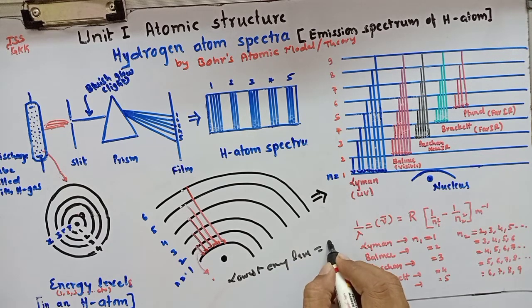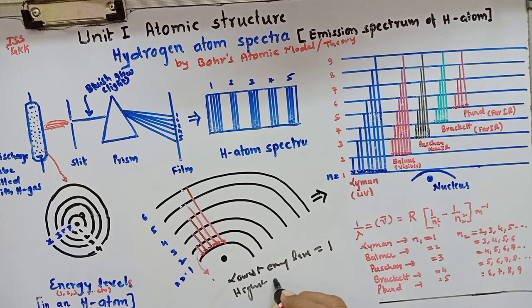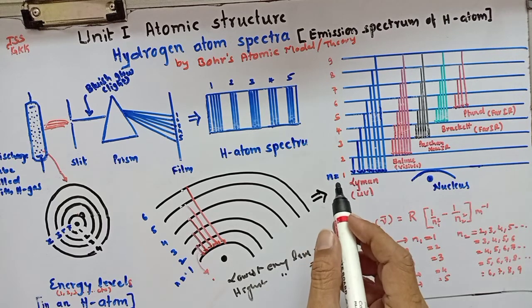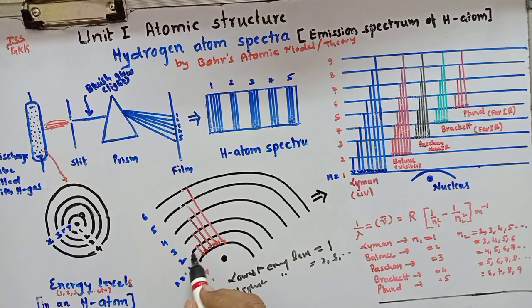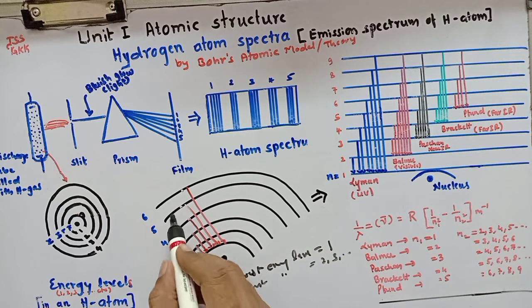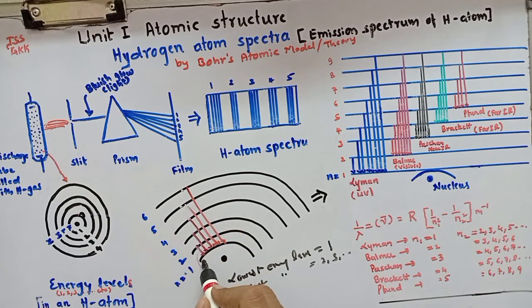Lowest energy level is equal to the first energy level, and the higher energy levels are 2, 3, 4 and so on. So the Lyman series of spectral lines are produced when the de-excitation of an electron takes place from different higher energy levels to the first energy level.